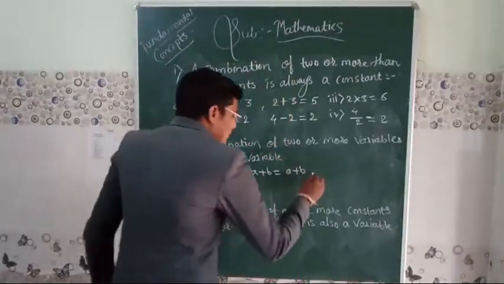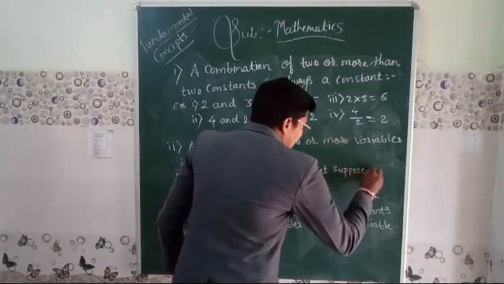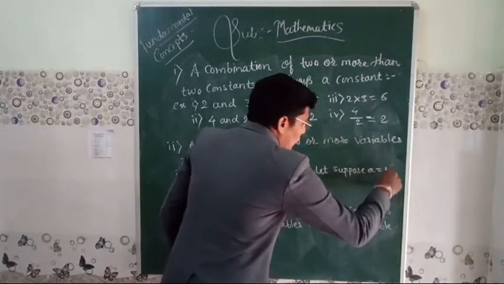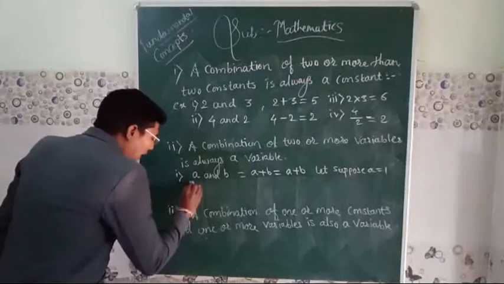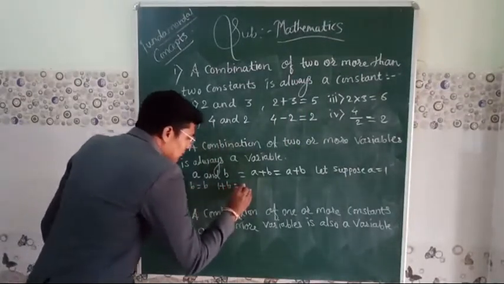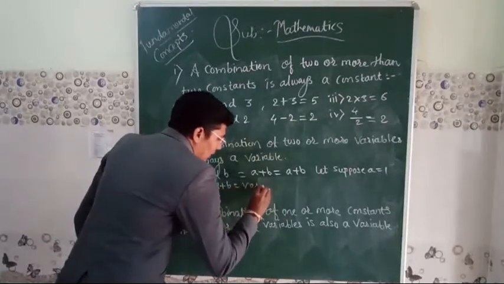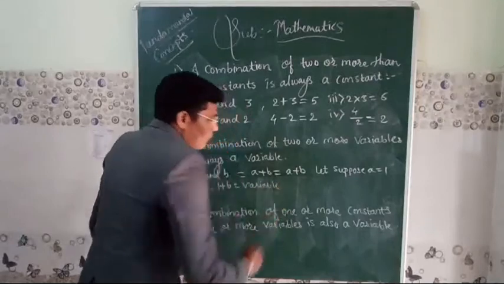Why? Let's suppose that A is equal to 1 and B is equal to B, then 1 plus B is also a variable only.